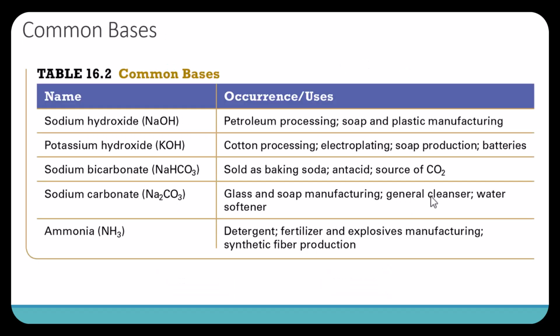All right, so our discussion with bases. A common occurrence for bases is that we will have a group 1 or a group 2 metal attached to hydroxide. So OH is hydroxide. If we put sodium, which is in group 1, sodium hydroxide.